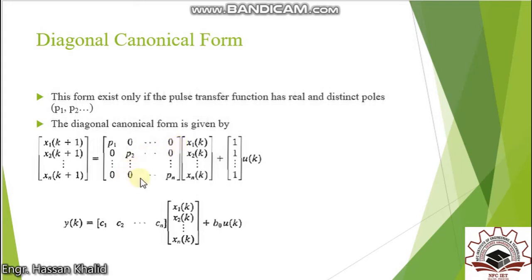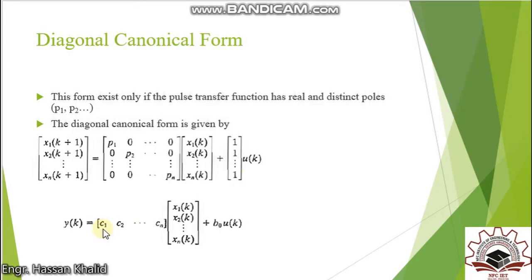This will give you the G matrix for the diagonal. Keep in mind, this formation only exists if you have the roots which are real and distinct poles. And if you want to form the input matrix, you will just replace all those entries by 1.